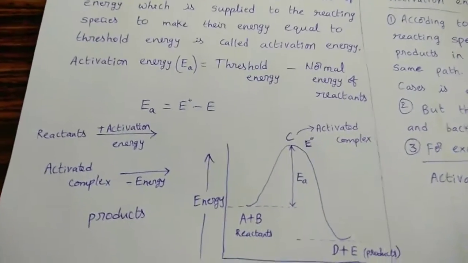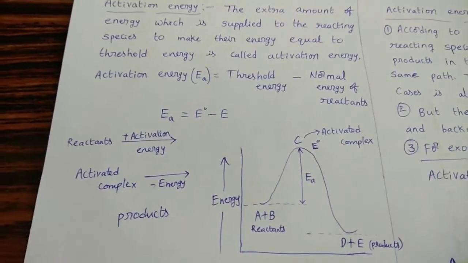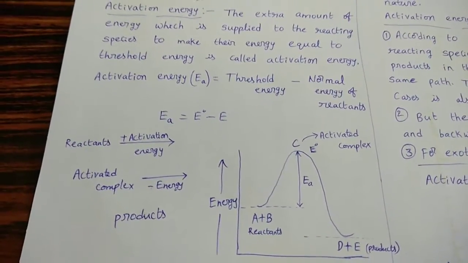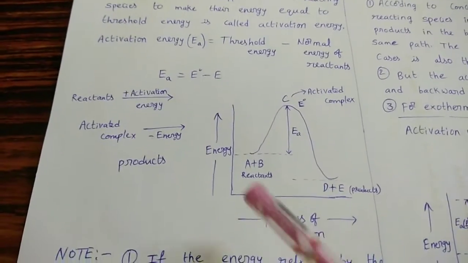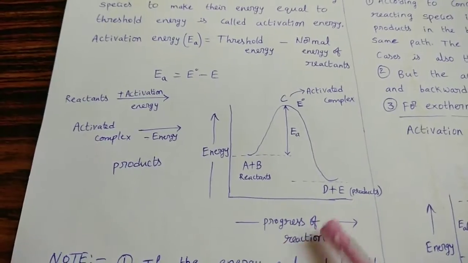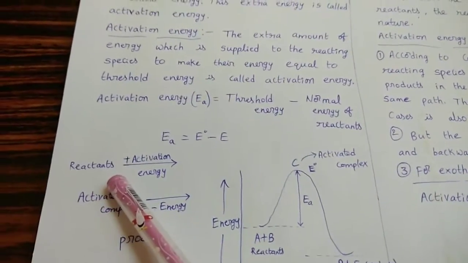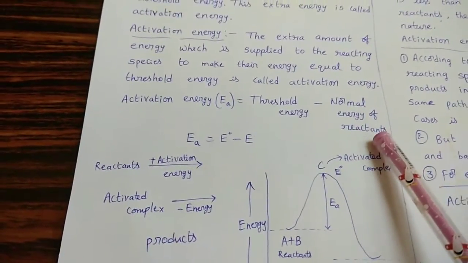This threshold energy and activation energy we can represent graphically. For a general reaction, A plus B gives rise to D plus E. A plus B are the reactants, D plus E are the products. Now energy is taken on the y-axis, progress of the reaction on the x-axis. Reactant molecules have less energy than threshold energy, that is the normal energy of the reactants.